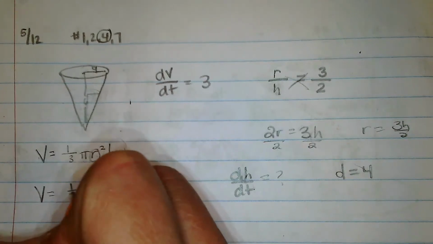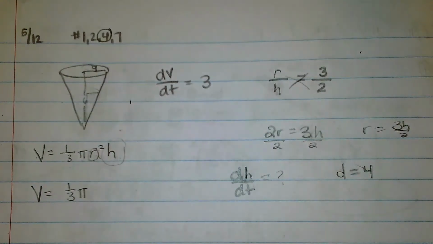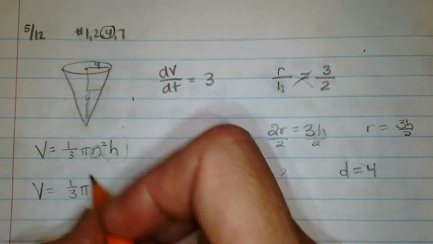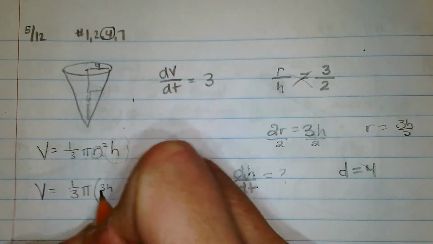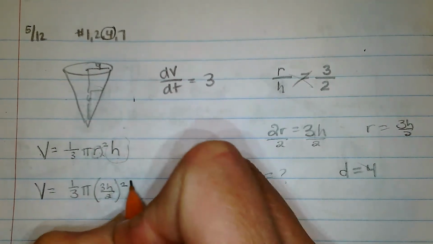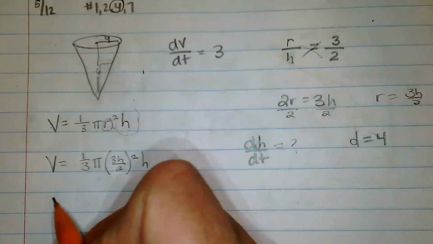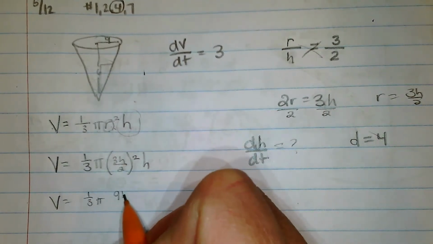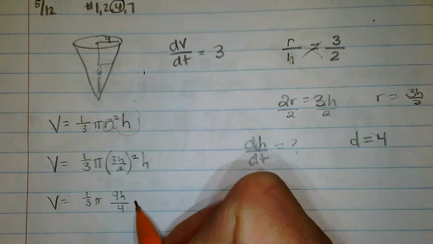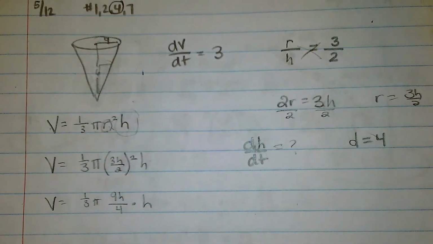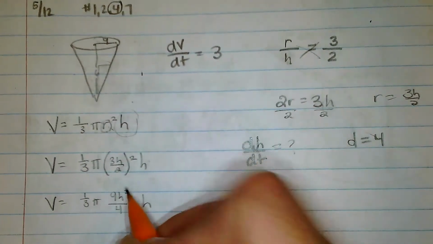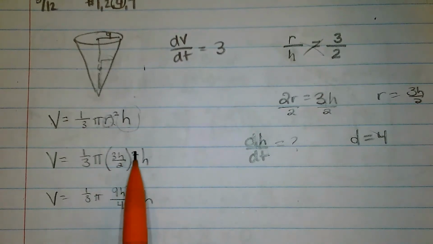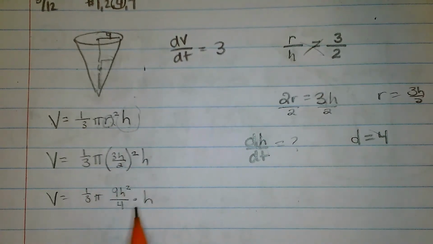If I do that prior to differentiating, that's going to make this a little bit less complicated. So 3h over 2 squared h. I'm going to crunch that to 9h squared over 4 times h. The h is squared: 3 squared is the 9, h squared is h squared, 2 squared is 4.